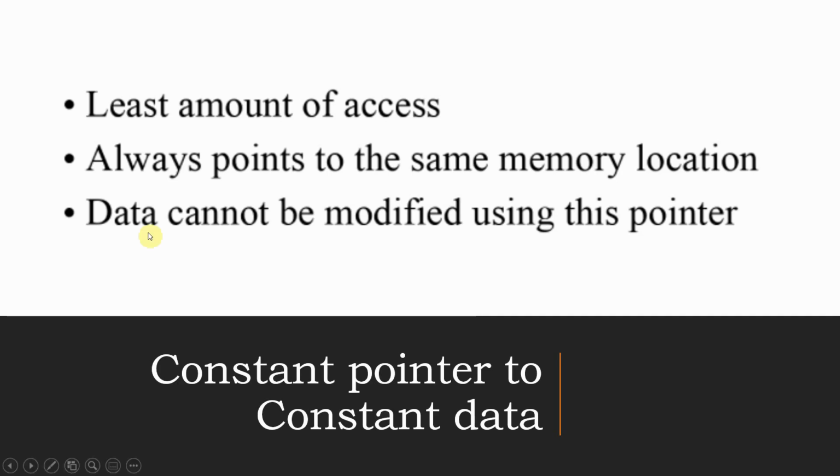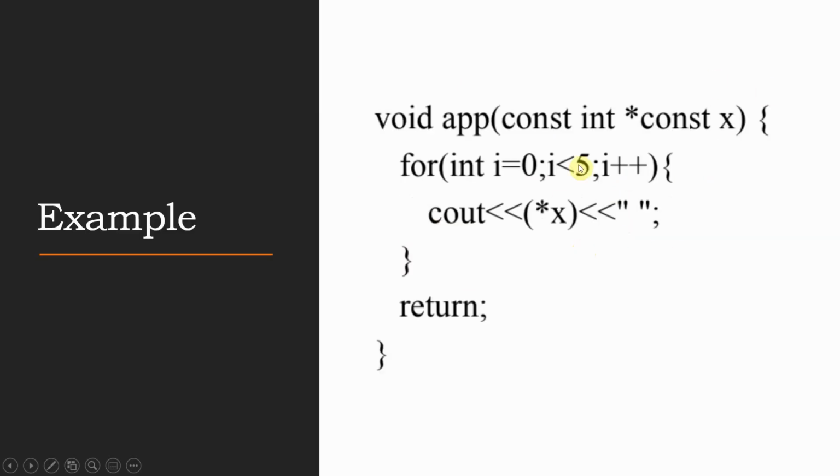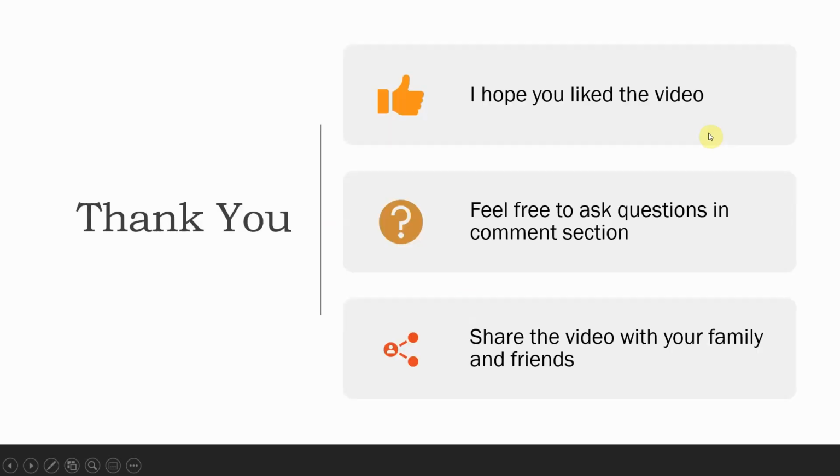Here it always points to the same memory location because the pointer is constant, and data cannot be modified using this pointer. In this example, I use the const keyword twice, once for data and once for the pointer.